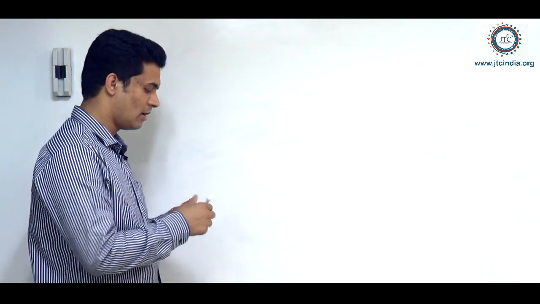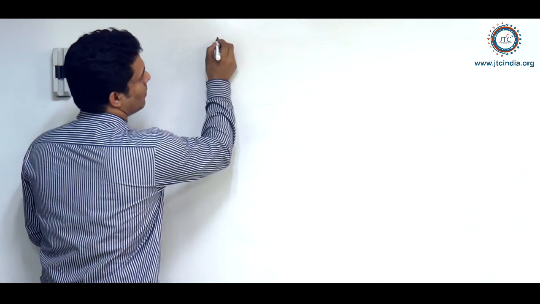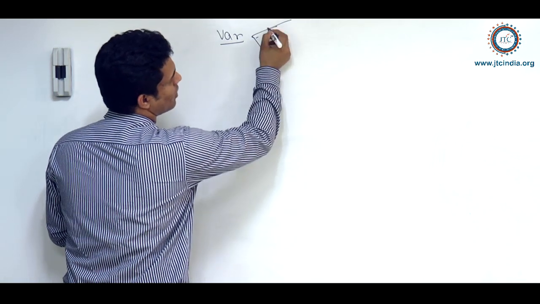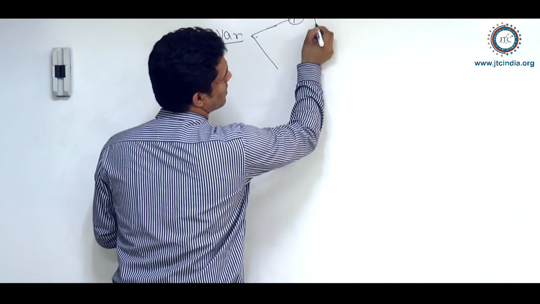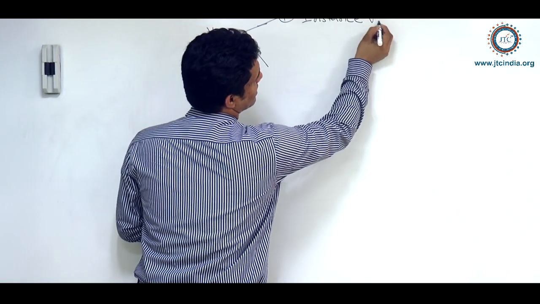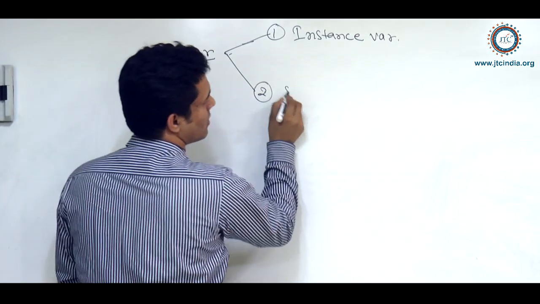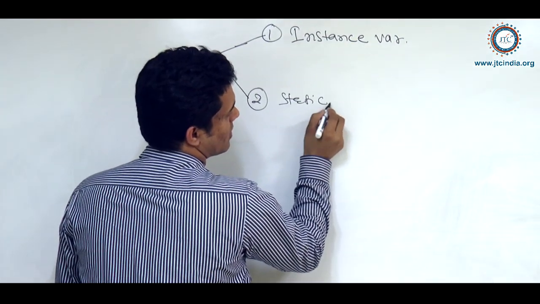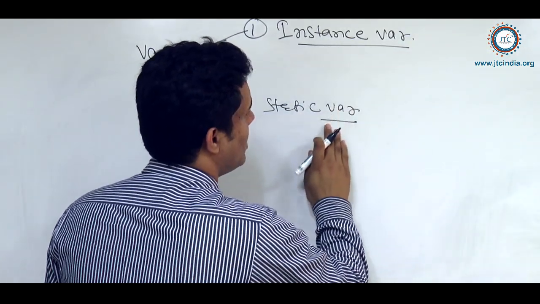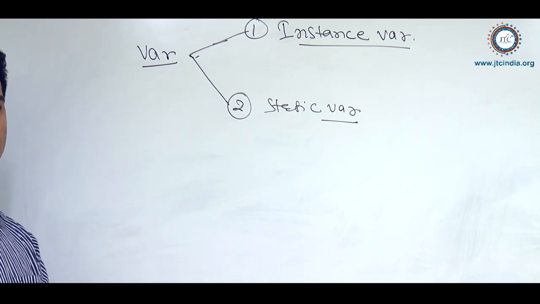First, here when I am writing, a variable is mainly of two types. One is instance variable and the second one is static variable, right?